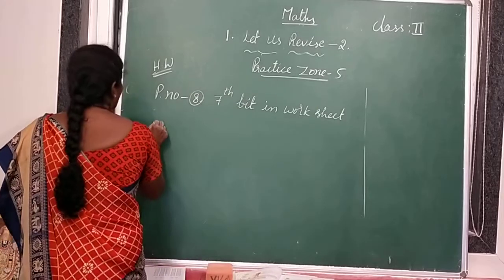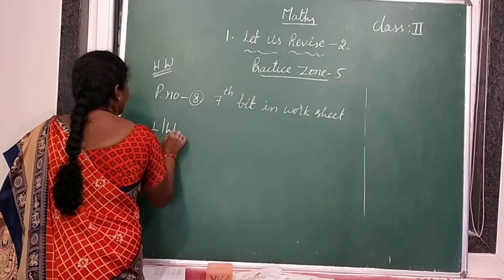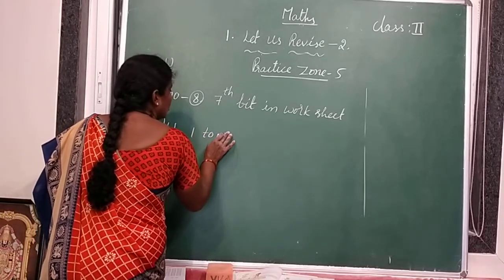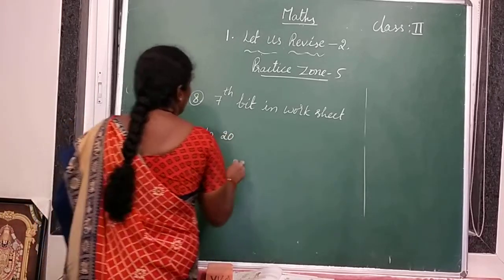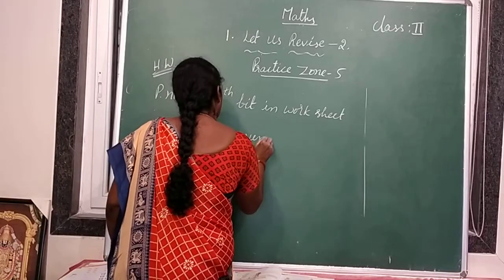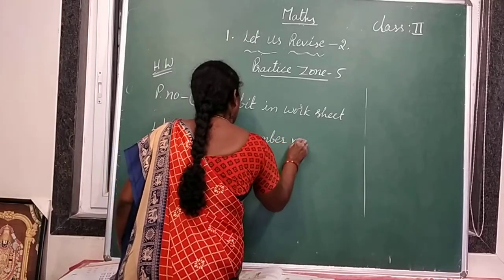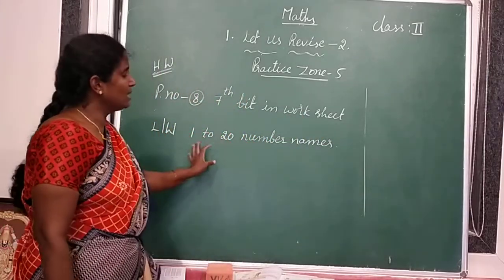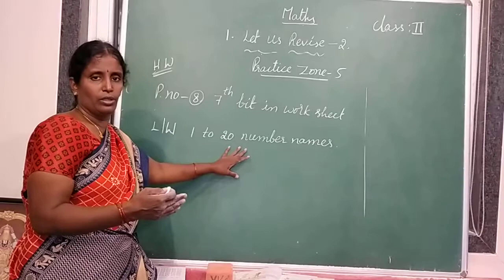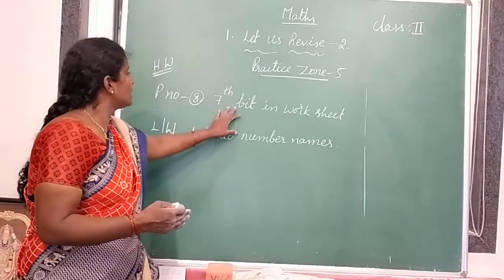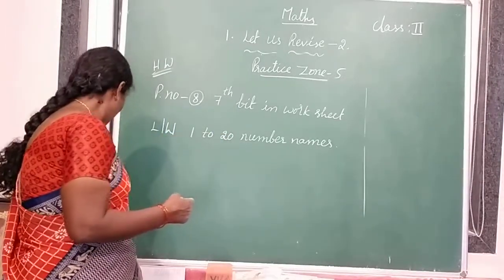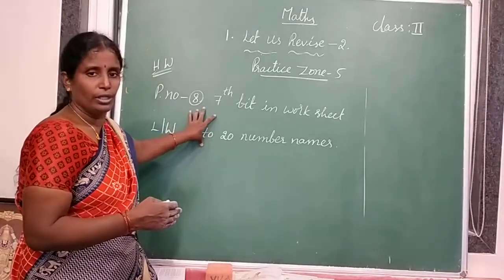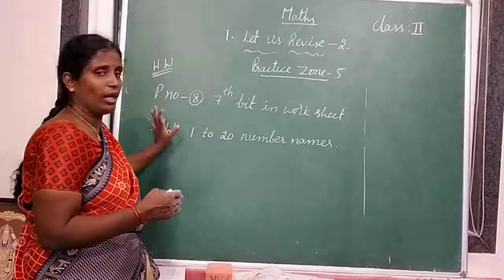And next, learn and write 1 to 20 number names. Write these number names in your homework book. Next, do the 7th bit on page number 8 in the worksheet. Understood? This is today's homework. Everybody has to do your homework.